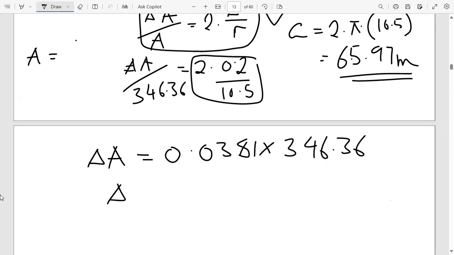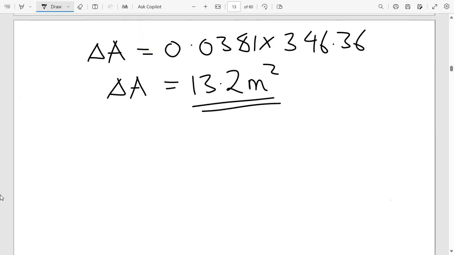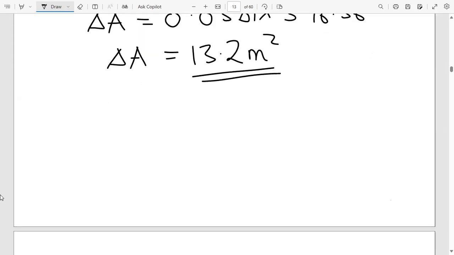Yes, I'm getting an uncertainty in my area which is equal to 13.2 square meters. 13.2 square meters as my uncertainty in area. As simple as that, I can also go to the circumference.